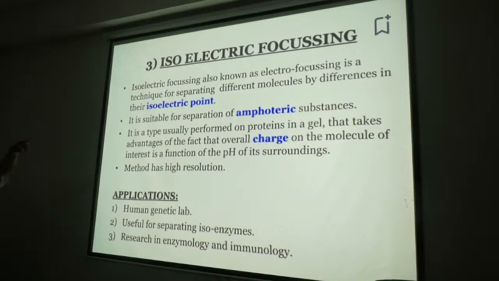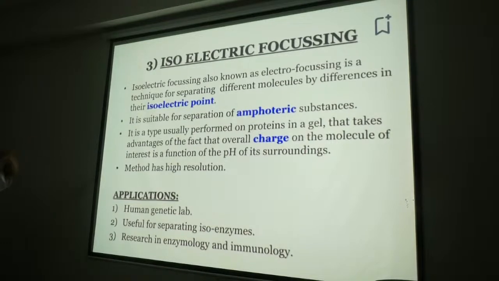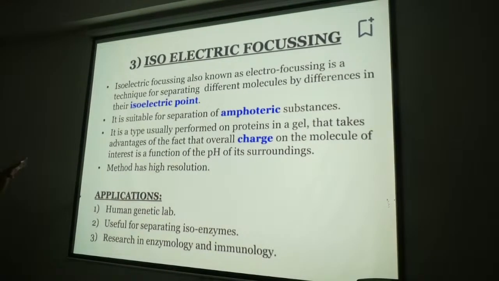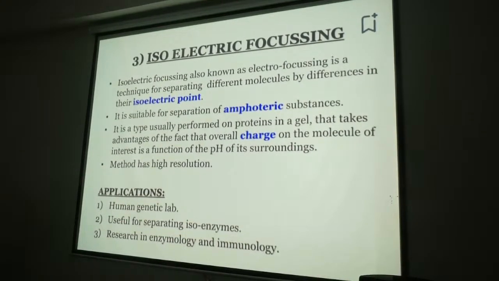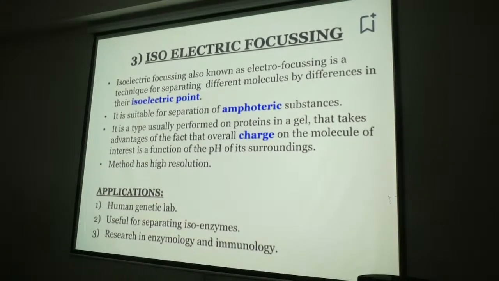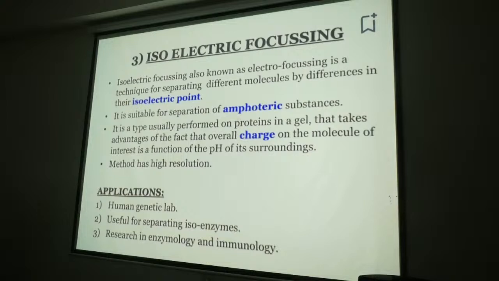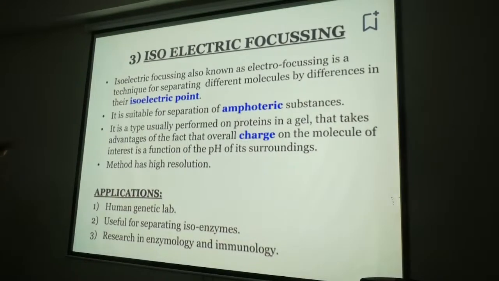So isoelectric focusing is on the basis of the isoelectric point. Every molecule has a different isoelectric point, the pH at which the molecule has no net charge. So it is suitable for separation of amphoteric substances. Amphoteric means again which is neutral.